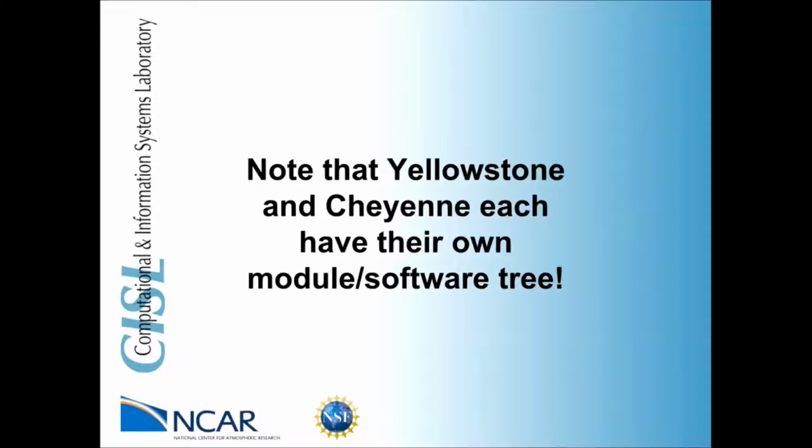There's less software available right now on Cheyenne than there is on Yellowstone, simply because Yellowstone's been around for a bunch of years. But as we go through in time, you can request software that is missing that you need, and we'll get it on there. But each machine does have a different tree, so don't expect to see the same things by default.